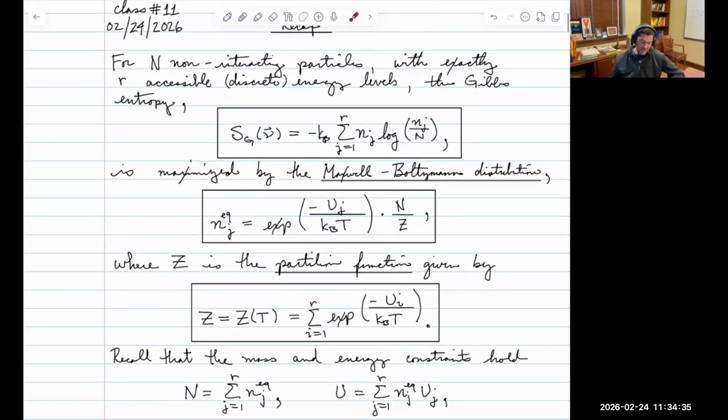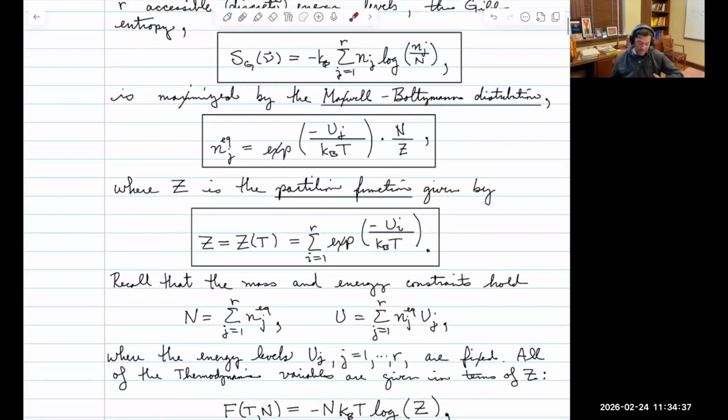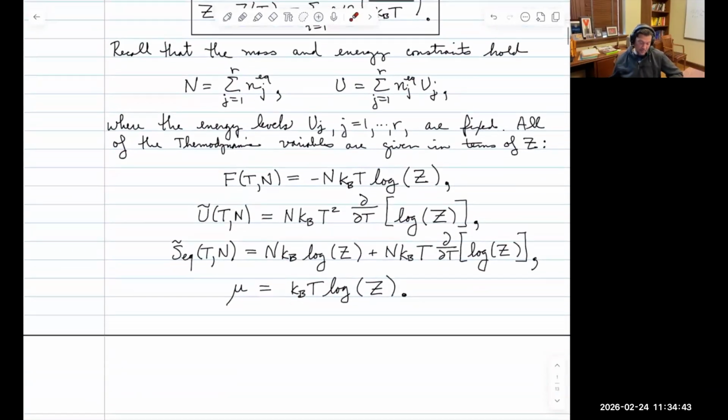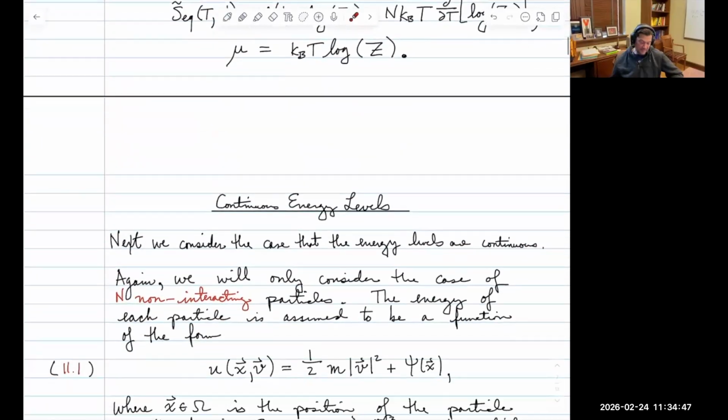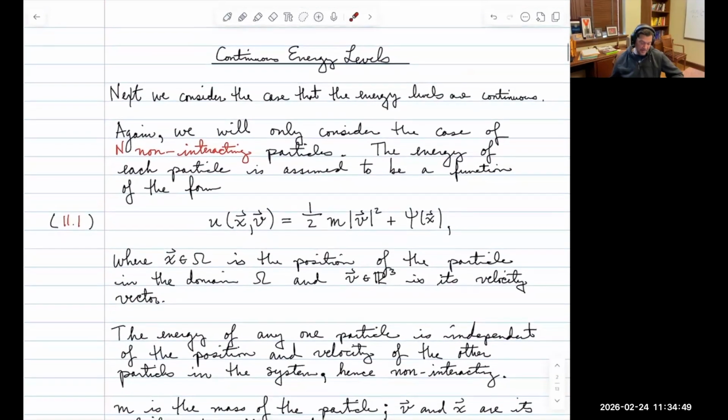We're going to see that these relations are much the same in the case of continuous energy levels. So that's the next topic. What happens if we have continuous energy levels in our system?